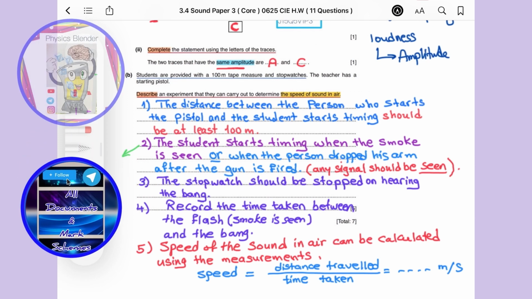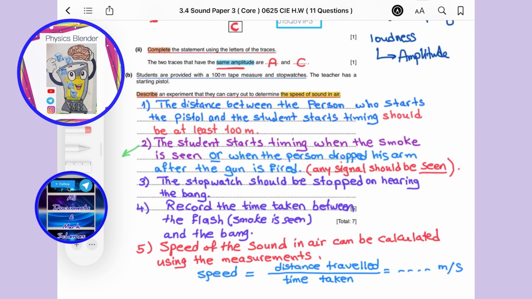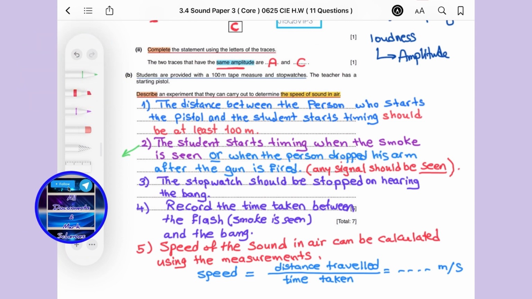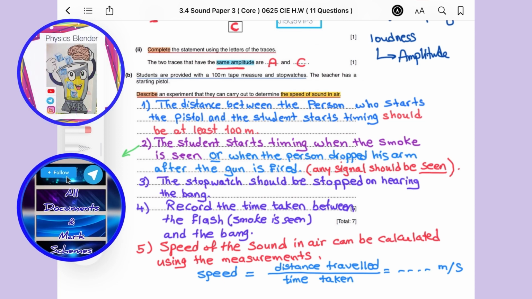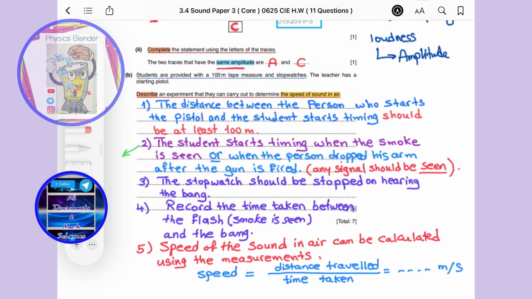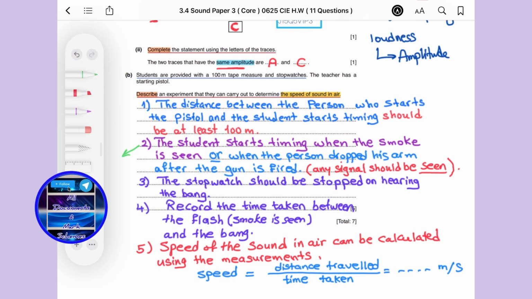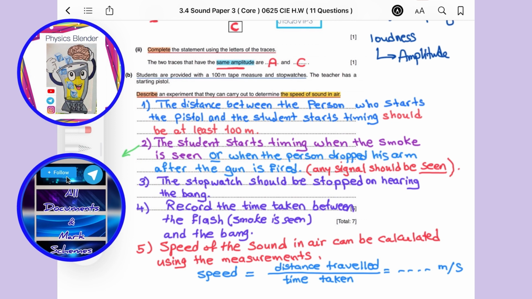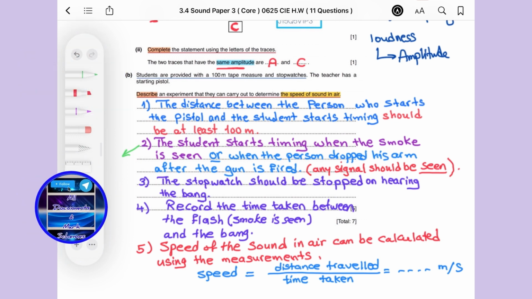The third step, the stopwatch should be stopped when you hear the sound. Number 4, you have to record the time taken between the flash, when you see the smoke, and when you hear the sound.